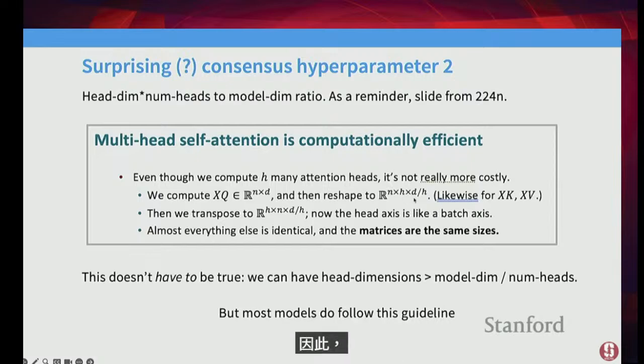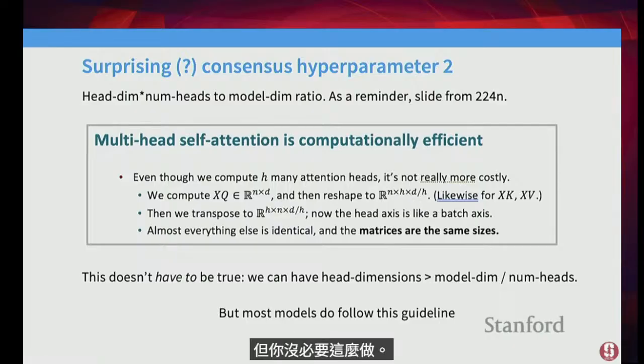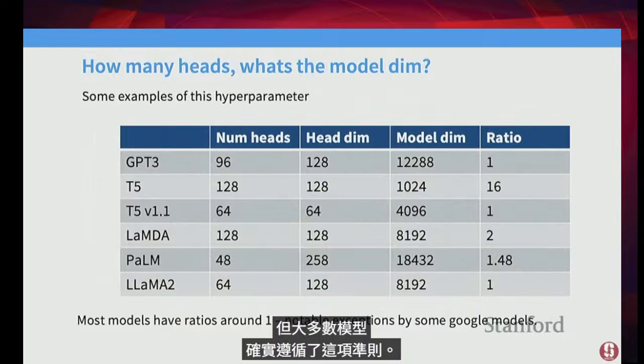So you're going to keep the dimensions fixed as you add more heads. And you don't have to do that. As you add more heads, you could just keep the same number of dimensions per head, and let the attention part take more and more parameters. That's an option that you have. But most models, once again, do follow this guideline.